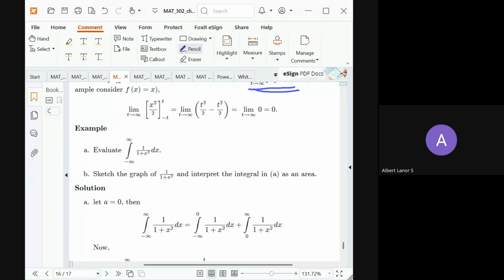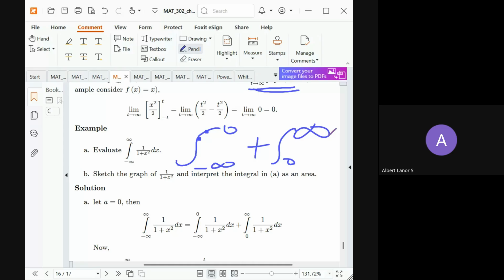So to integrate this function, we would break it at a point. We can break it at 0. So we have from minus infinity to 0 plus from 0 to infinity, the same function. Then we find the limit as the lower limit goes to minus infinity, and as the upper limit of the other one goes to infinity.